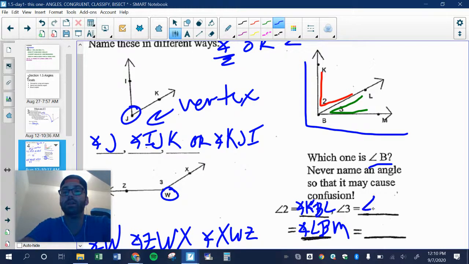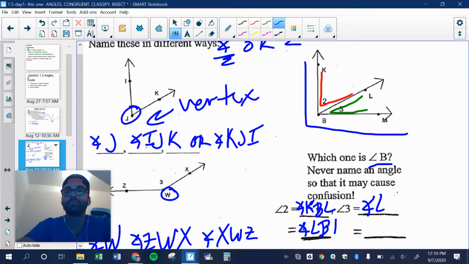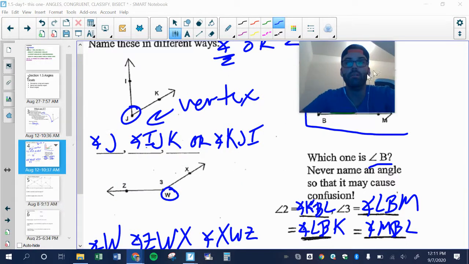Angle 3 could be angle LBK. My mistake, I could do LBM. I was getting ahead of myself there. Holy buckets, how could I do that? Or MBL. All right, those are all the names there.